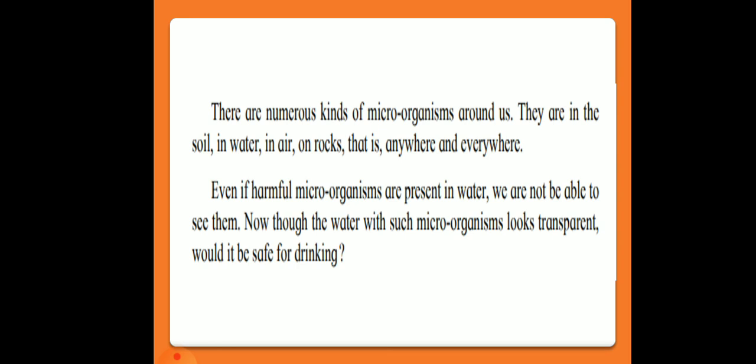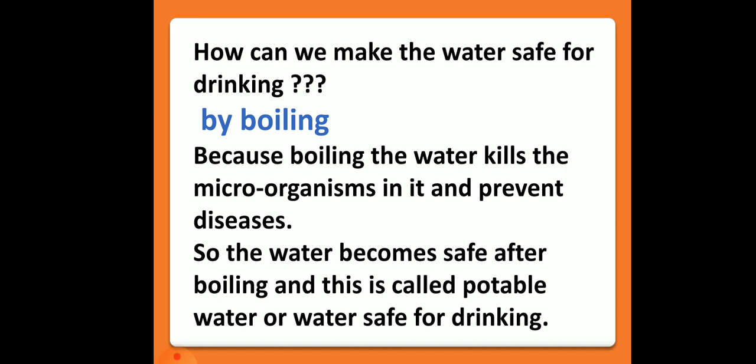No. So, how can we get safe drinking water? Children, we get safe drinking water by boiling, because boiling the water kills the microorganisms in it and prevents diseases. So the water becomes safe after boiling, and this is called potable water or water safe for drinking.